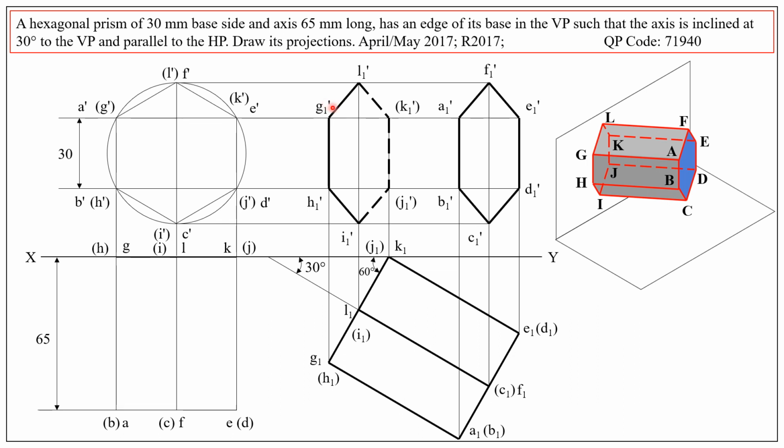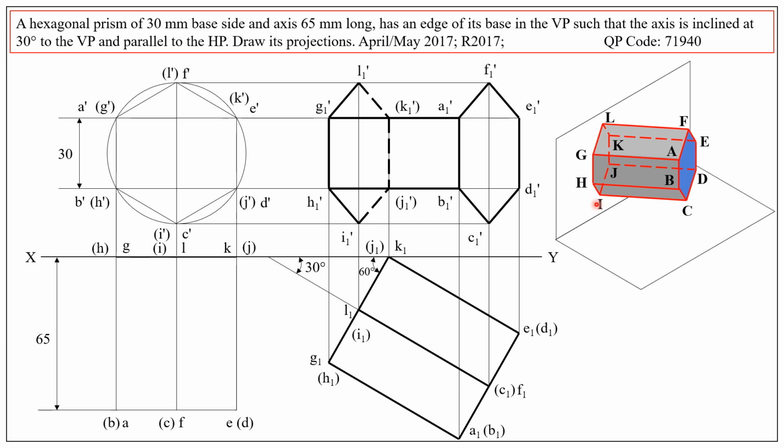What is the next long edge? BH. So BH is the long edge. So B1 dash, H1 dash. B1 dash is visible, H1 dash is visible, therefore continuous line, thick line. Next one is CI.